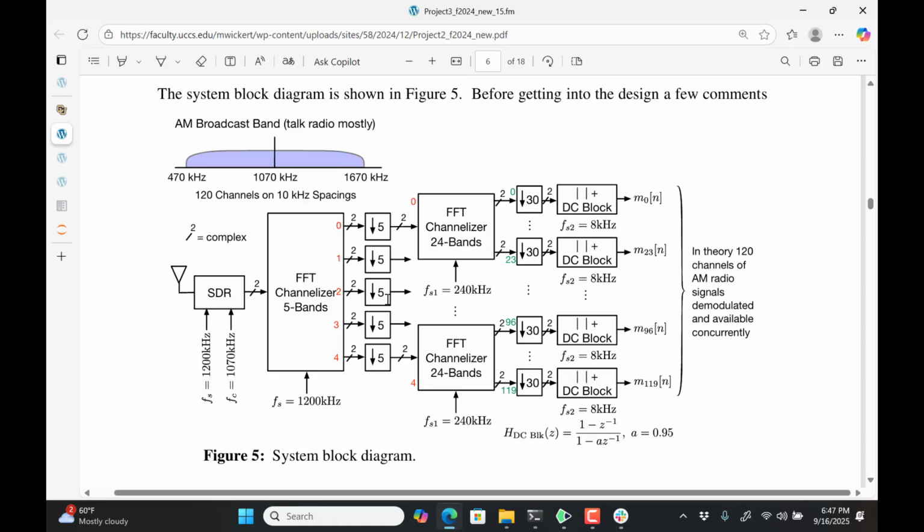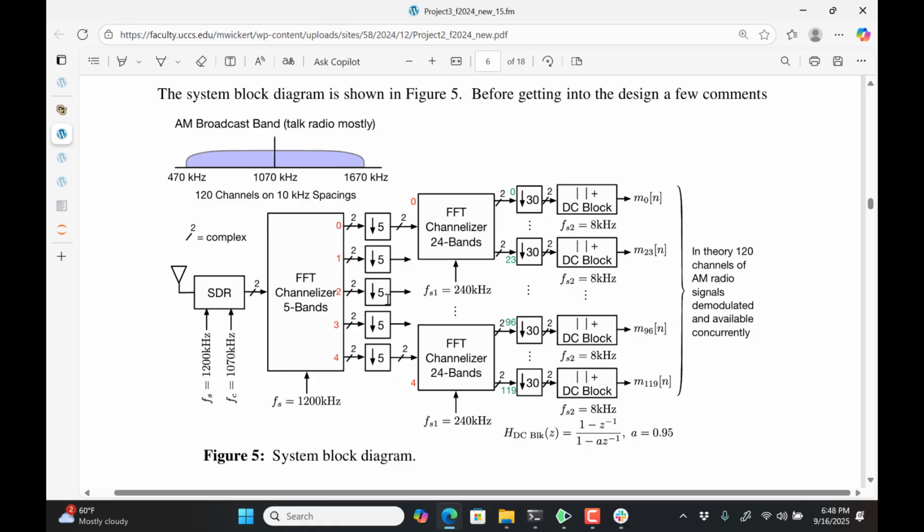So when the signals come in through this channelizer, which is consisting of 5 bands and then 5 bands of 24 each to channelize down to the individual band that the signal exists in, we're going to make 0 become 1070 hertz. And it's going to be a complex spectrum then, a complex signal. Everything across the band will be channelized down.